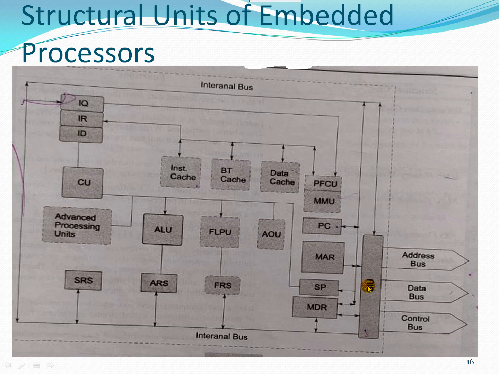The second one is the line from the bus interface unit. This bus interface unit will be interfacing with the buses, namely the address bus, data bus, and control bus, and the decoding logic used for decoding the control signals from the control bus to the control unit, and for all the address and data buses too.